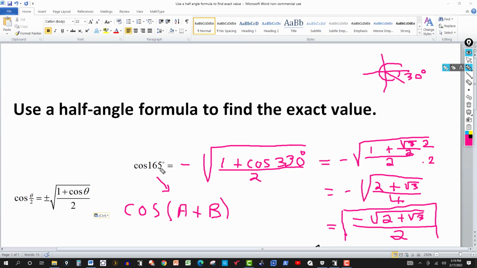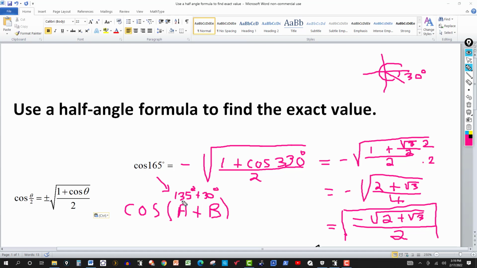So what we can do here is write 165 as a sum of 2 angles, like I said. So this will be 135 plus 30 degrees.